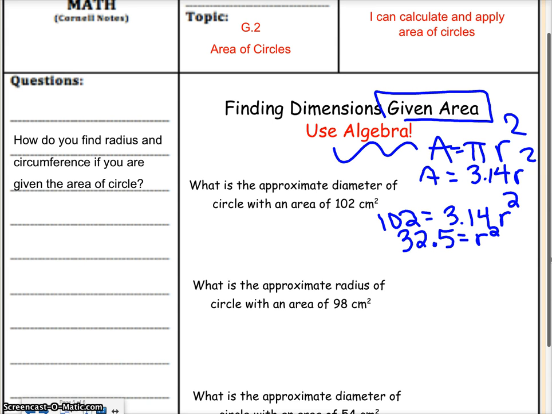If 32.5 is the radius squared, that's not my radius. My radius then is the square root of that. So square root of 32.5 is approximately 5.7.